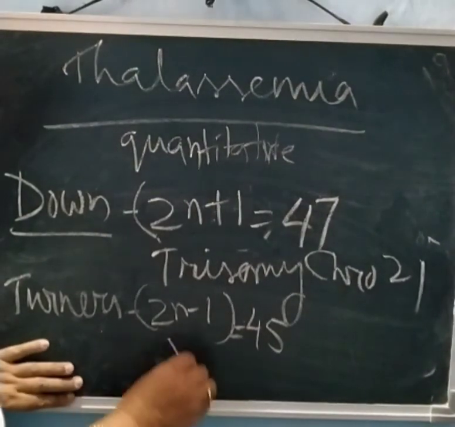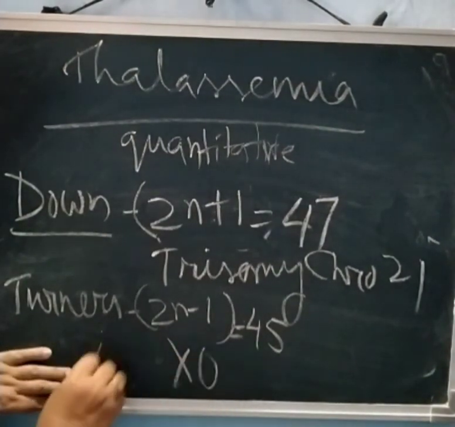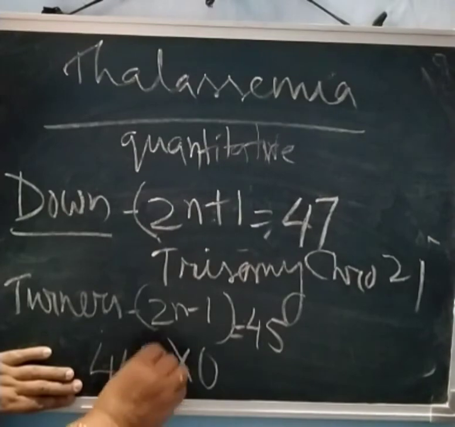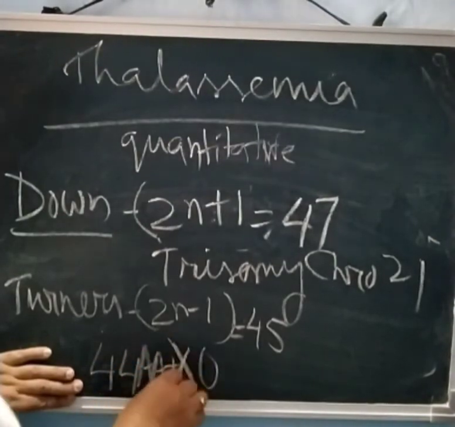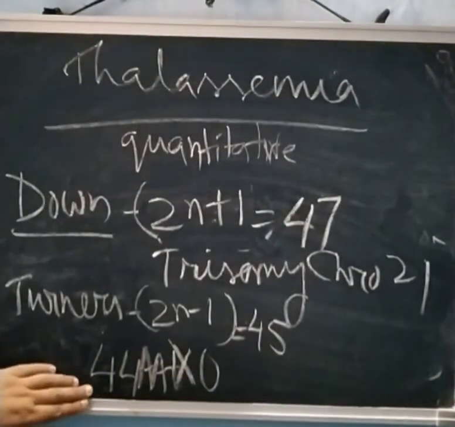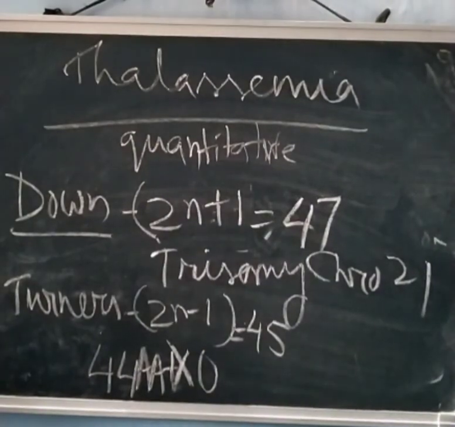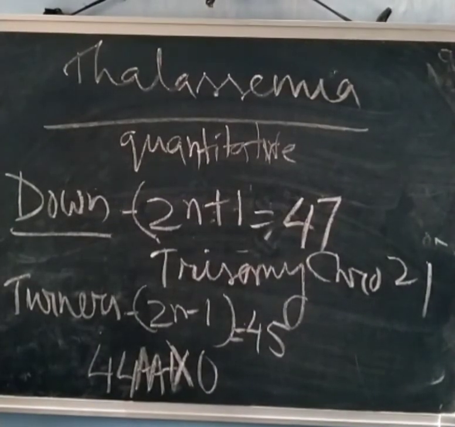It is XO. So what is the complement? 44 autosomes plus XO. One X is missing. And because of this one X missing, all affected females are sterile, ovaries are rudimentary, there is lack of secondary sexual characteristics, short stature, small uterus, puffy fingers, etc.